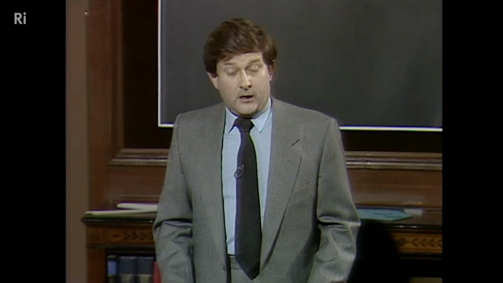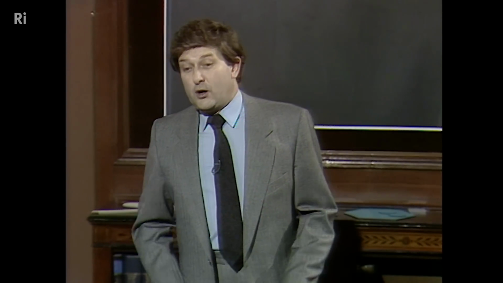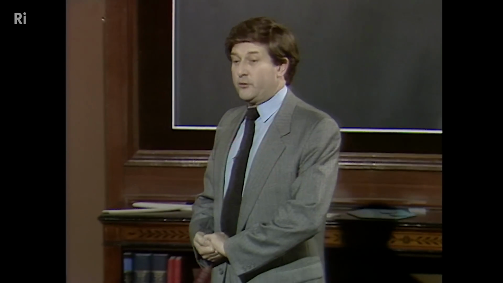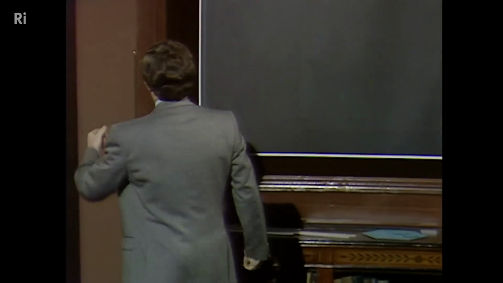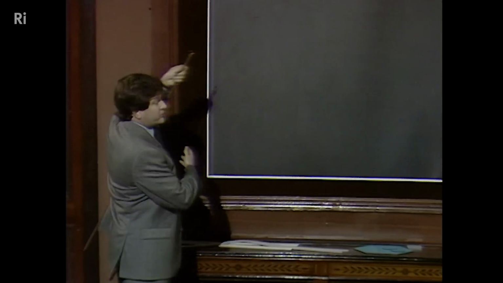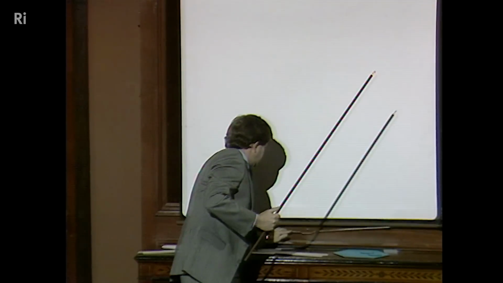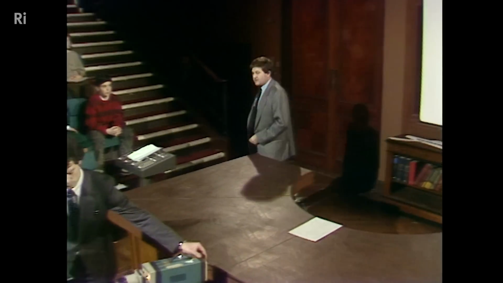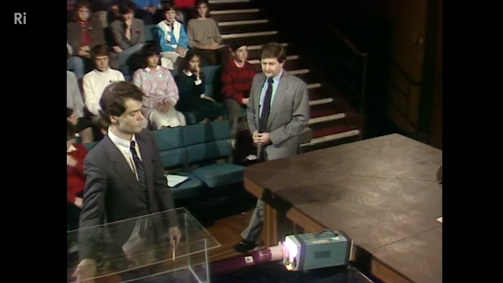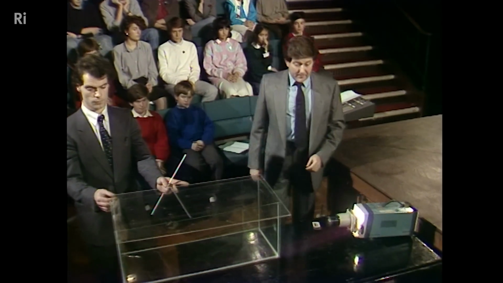molecules. And in order to show that to you, I'd like to do an experiment which was really done in this theatre a long time ago by John Tyndall. I need the screen down for this. What we have here is a simple tank of air and a projector lamp and a mirror.